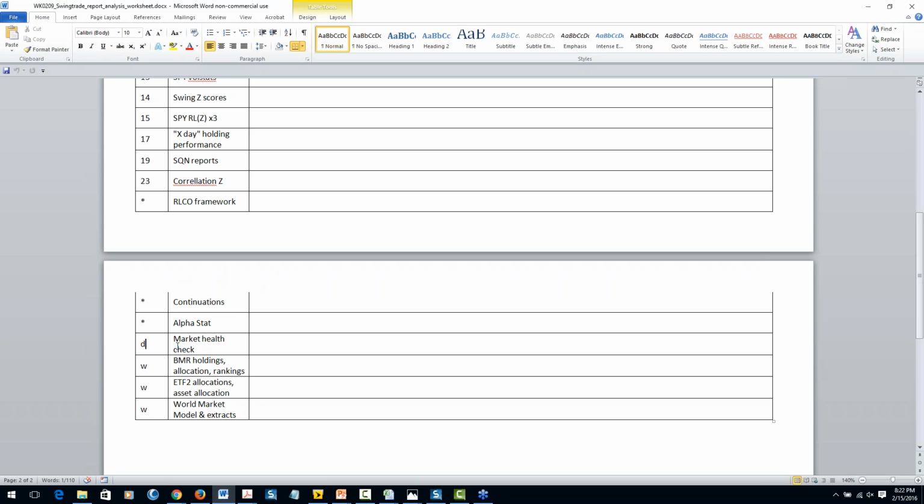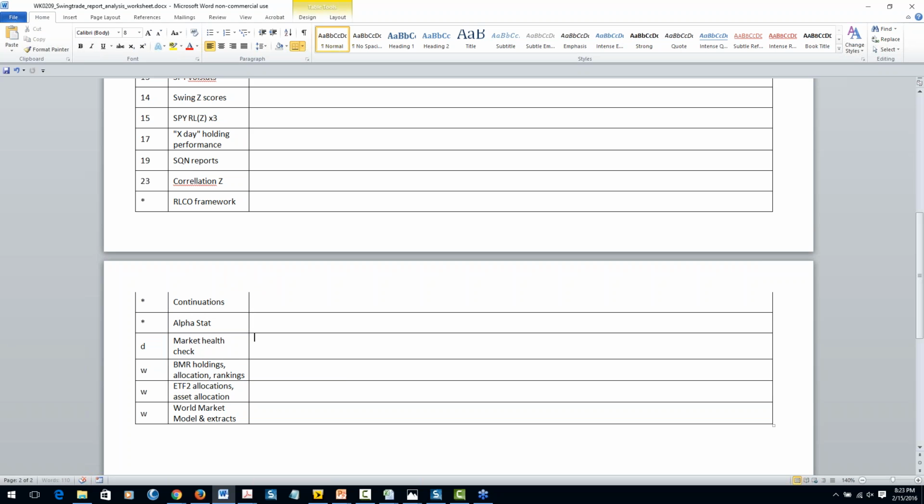The daily report also includes the market health check, where I'm talking really about the trends and patterns that I see in SPY. It's the additional form that I send out with the daily report. And then these last three here in the weeklies, these are just ways of looking at the things that only change once a week as a way to identify potential swings, opportunities, or swing relationships, looking at the holdings in the blended monthly rebalancing, what the allocation percentages and what the rankings suggest from the report.